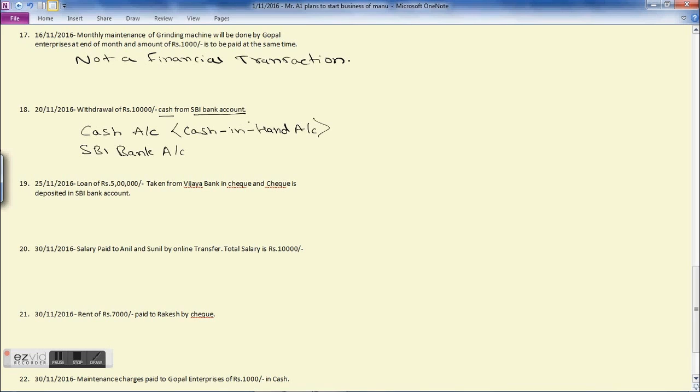Now again, there is a transaction between your cash balance and bank balance. So what is this entry known as? Contra entry. So cash is what? An asset, so it's a real account. SBI bank account, an organization entity, is a personal account.